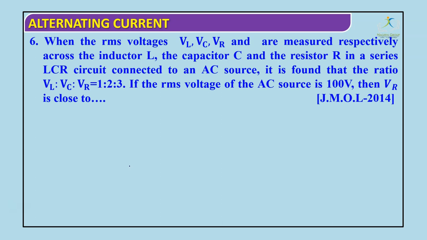If the RMS voltage of the AC source is 100 volt, then VR is close to, we have options: 50 volt, 70 volt, 90 volt and 100 volt.